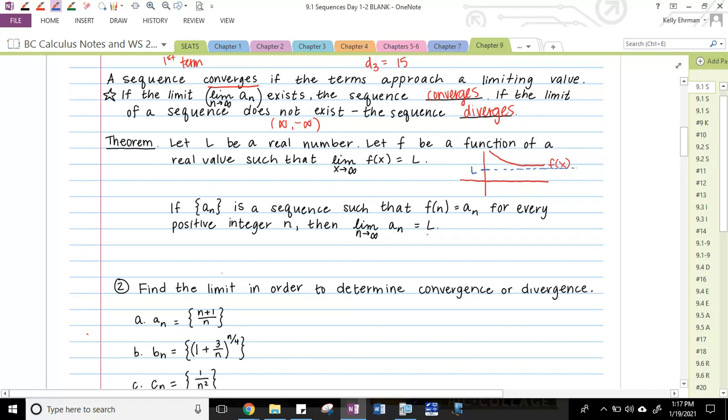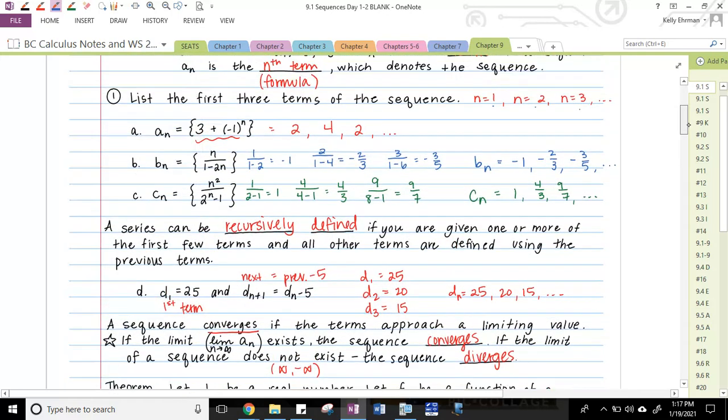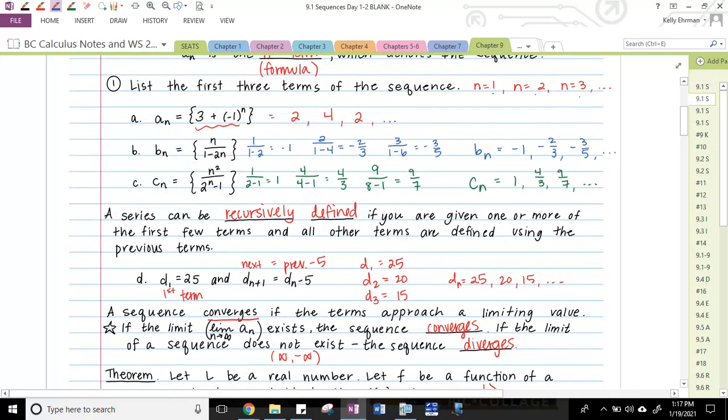If a sub n is a sequence such that f of n equals a sub n for every positive integer n, then the limit as n approaches infinity of a sub n is also equal to L. All that's saying is a sub n, since they're only integer values, let's go back to our sequences for a minute. It would just be a series of disconnected points at whatever the numerical values are.